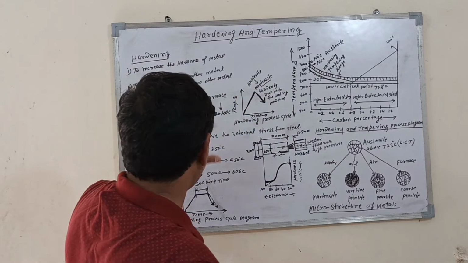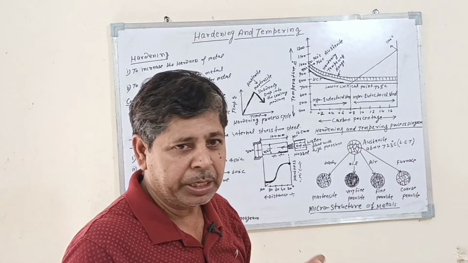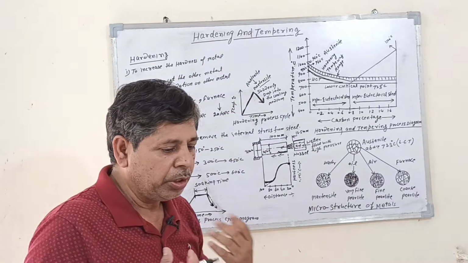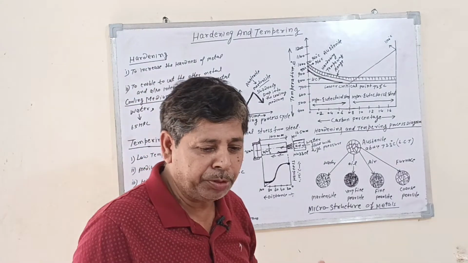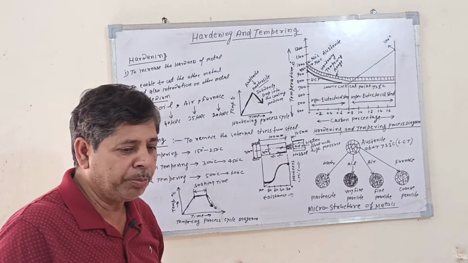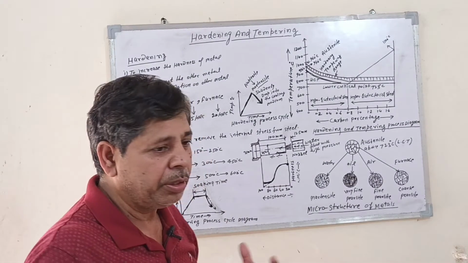The cooling generally depends upon the shape and size of the metal. The hardening also depends upon the composition of the metal, the cooling medium, the thermal properties, and the shape and size of the components.